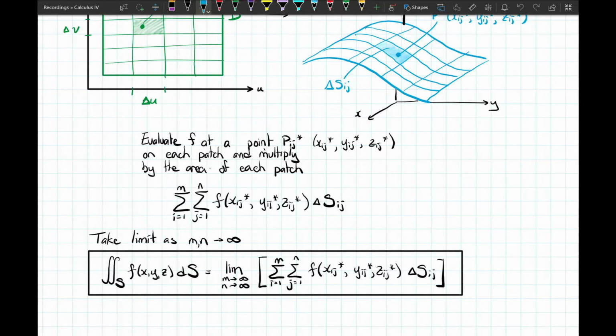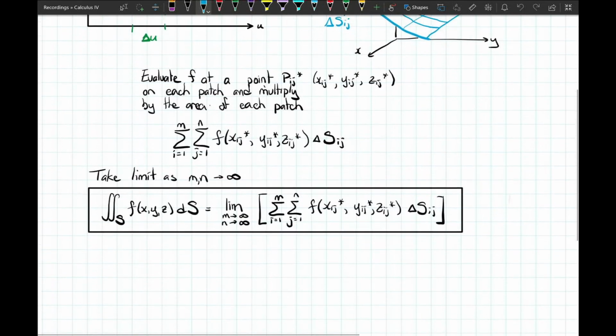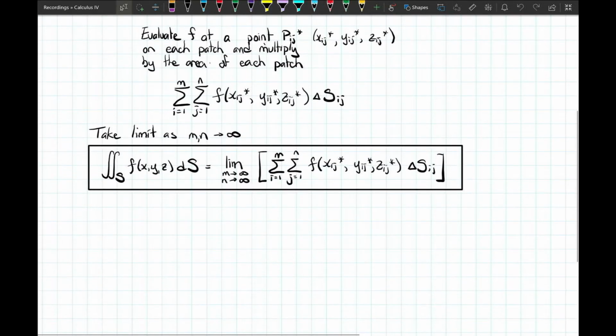Now, of course, this is just the definition, and we don't really want to calculate it this way, so we just need to go back to how we calculated surface area of each of these little patches, delta Sij. And if we remember, we actually calculate each of the area of those patches by approximating using the tangent plane and the vectors given by the partial derivatives of r with respect to u and v.